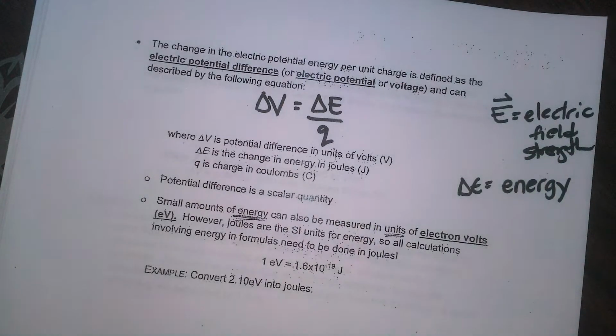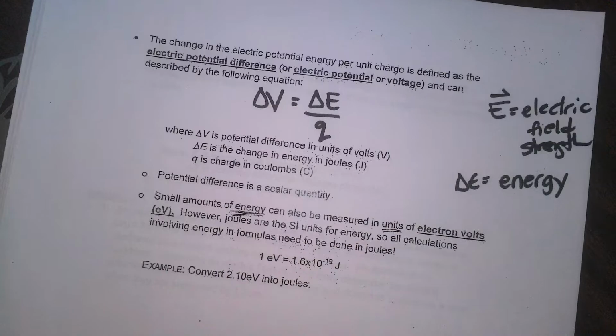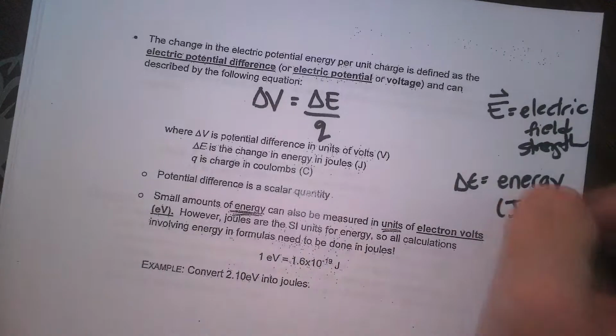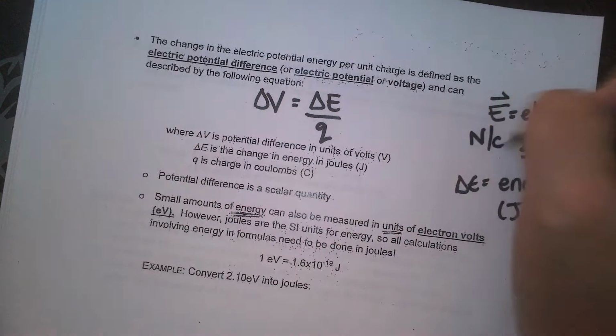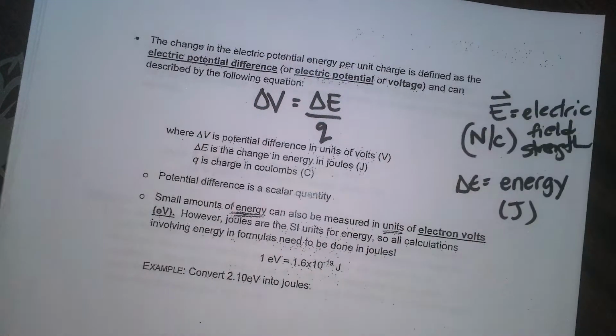Energy is measured in what unit? Joules. Electric field strength is measured in Newtons per Coulomb. Base unit is joule. Base unit is Coulomb.